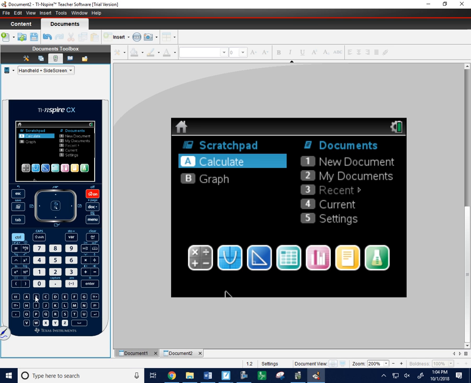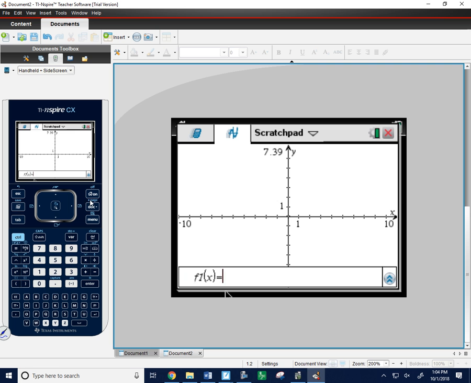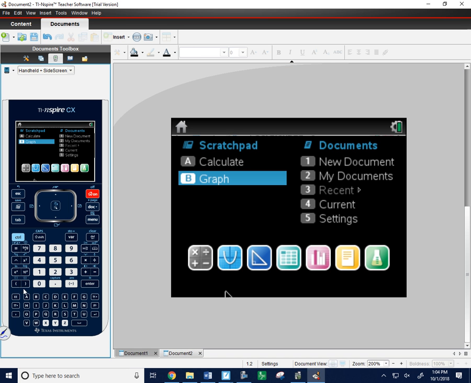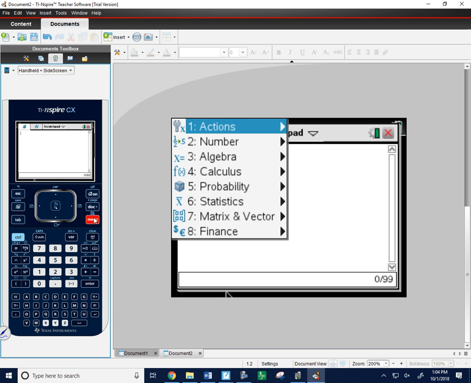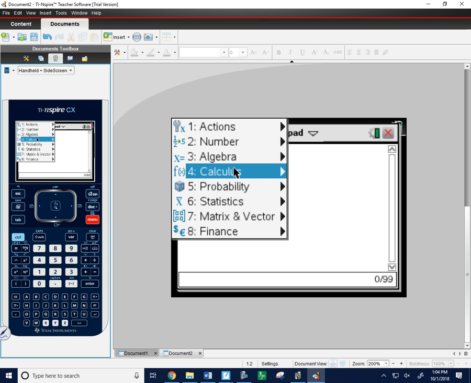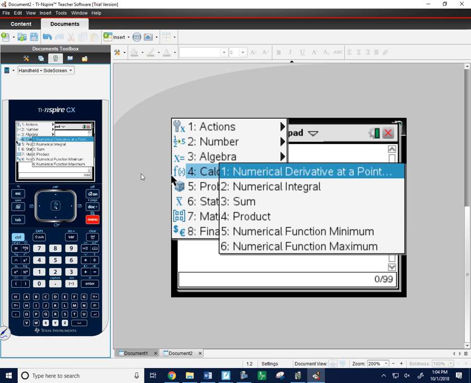I'm going to hit A. You go to calculate and you hit menu. So basically that's the difference. Instead of math 8, you hit menu. And you'll see calculus, and you hit that one. So it's number 4. And then numerical derivative at a point is the first one.